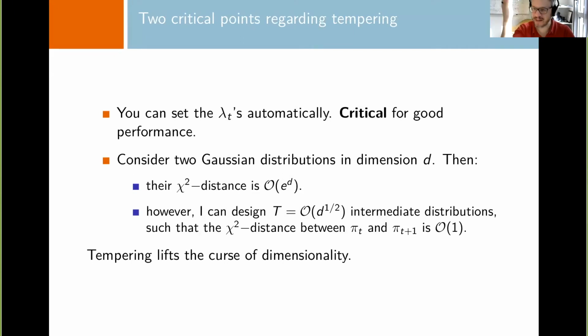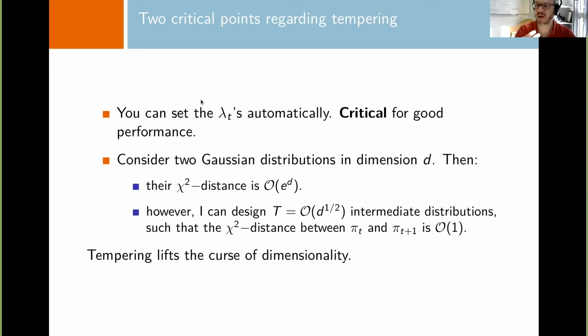And before I describe the algorithm, I just wanted to say the reason why this tempering sequence is particularly nice, I think, is first that, we already know, ideas about this have been around for quite a few years. There are ways to choose these lambdas automatically. If you know parallel tempering, you have a similar idea.